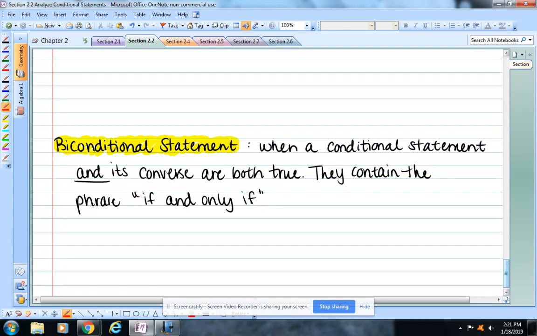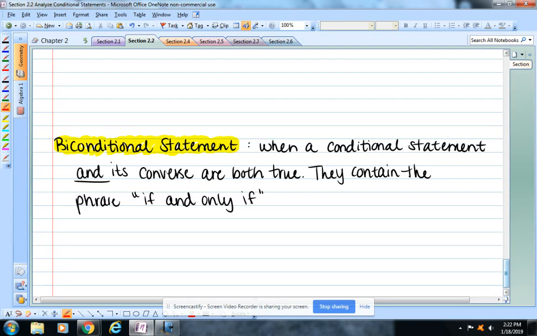Is that Great Dane statement both true? Are Great Danes the only large dogs there are? No, they are a large breed of dogs, but there's also Saint Bernards that are large. German Shepherds are large. Yes, there's lots of other dogs that are also large. So that would not be a biconditional statement.